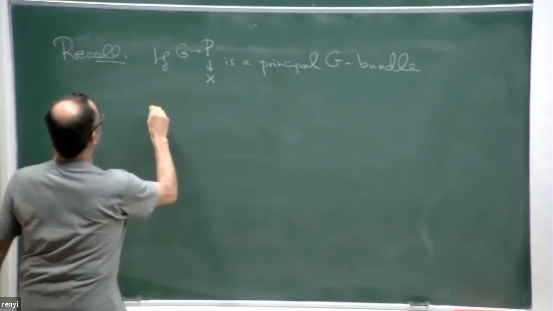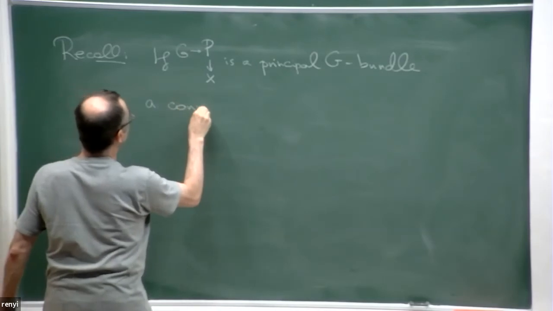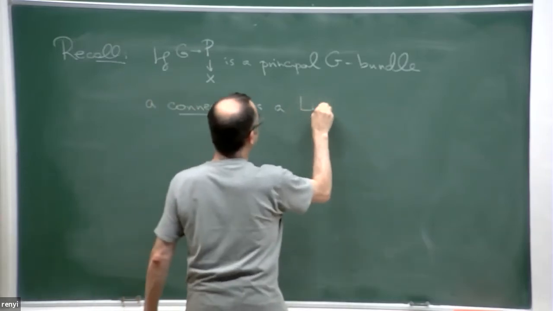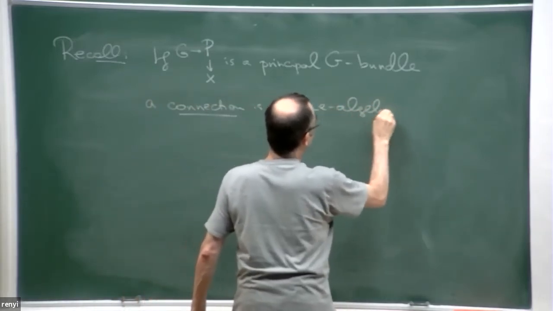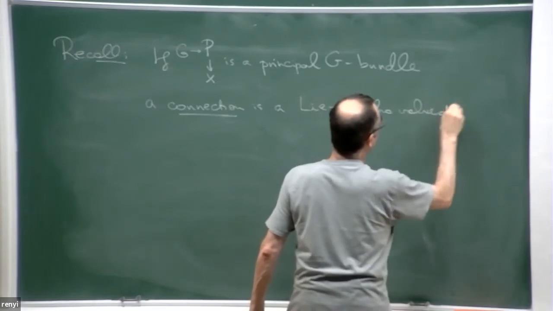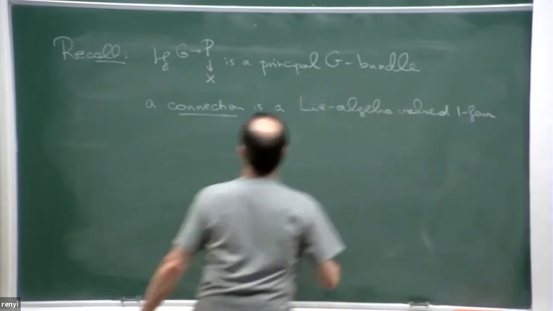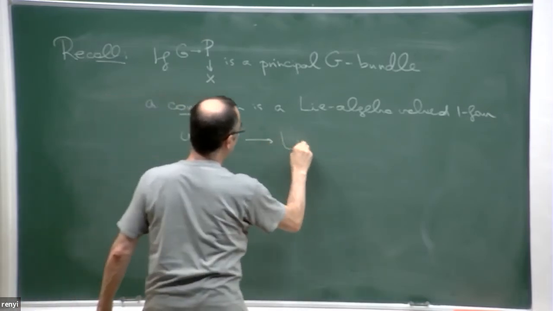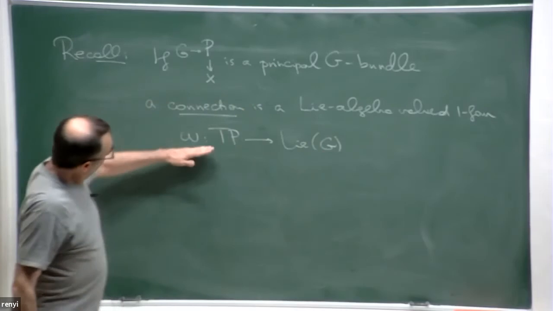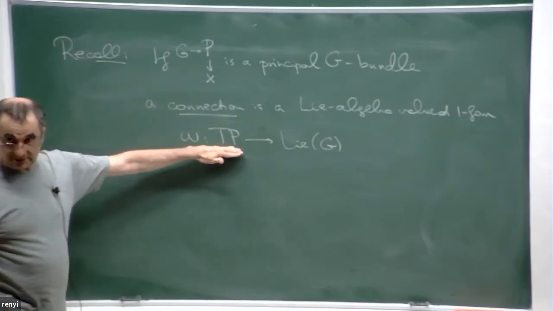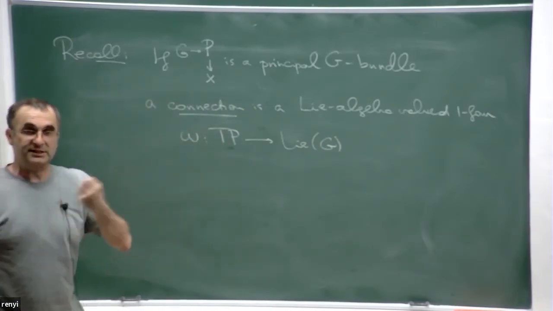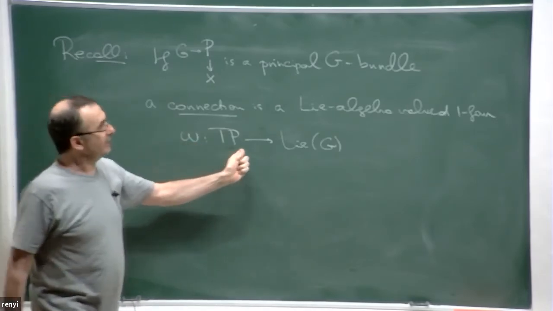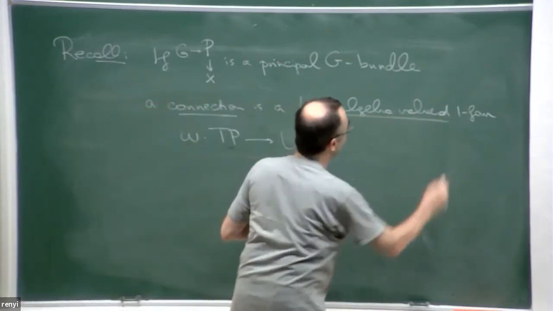Then a connection is a Lie algebra valued one form omega. So it's a one form on P, on the principal bundle, which means that it associates a value to every tangent vector. So it's really a function on TP. And it's not a real valued function.